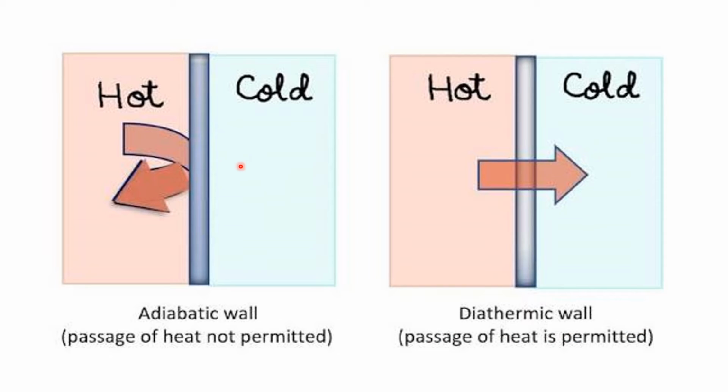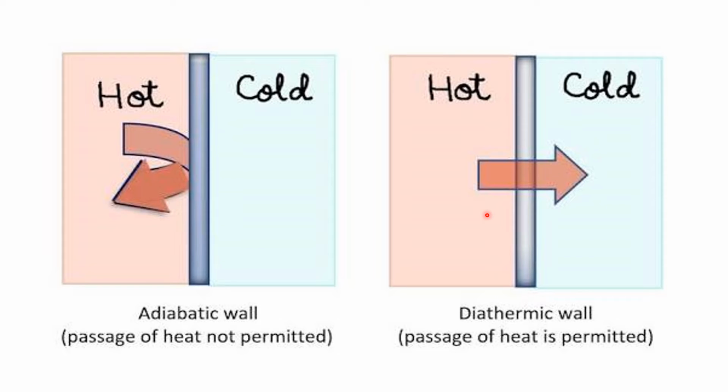But it is not so in the case of an adiabatic wall. Passage of heat is not permitted here. It means this adiabatic wall acts as an insulation. It does not allow energy in the form of heat to flow from one object to the next object.